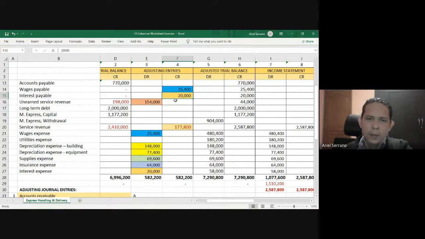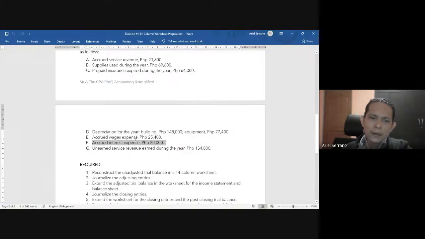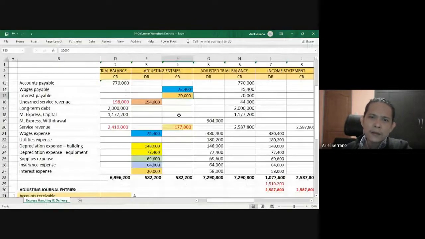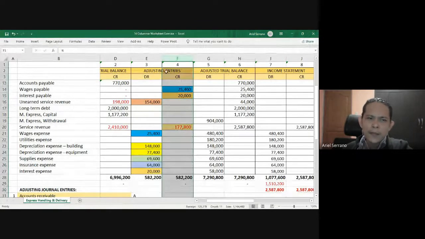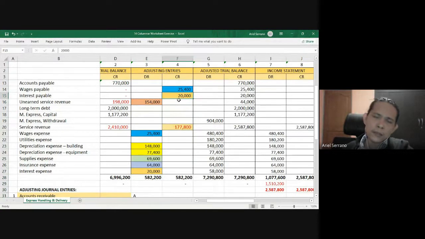Okay? So we have already plotted the interest expense and interest payable in the columns. The one is for the debit side, the other one is for the credit side. We should always maintain the equality of the debit and credit.